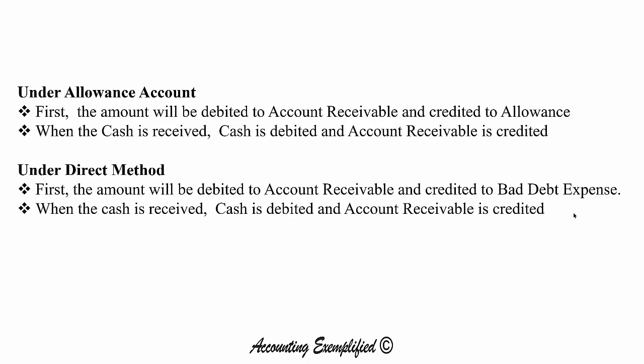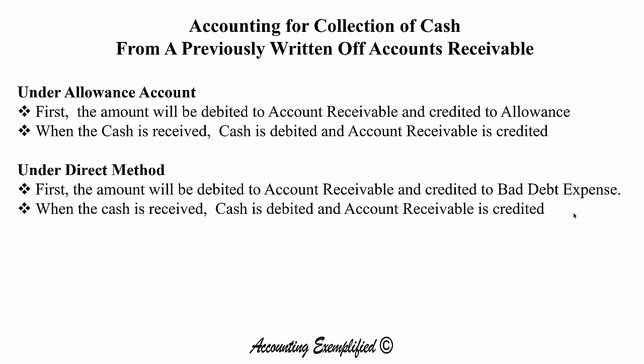Now here, we are going to see how previously defaulted amounts are collected. That is, we are accounting for the collection of cash from a previously written off accounts receivable. Previously, an accounts receivable has been determined uncollectible, so we did the necessary journal entries under the allowance method or the direct method, whichever the company used. If the previously written off receivable is collected in cash, what do we do under the allowance method?